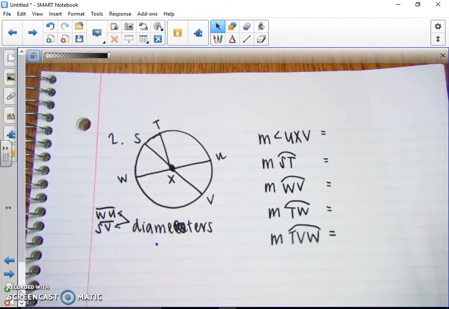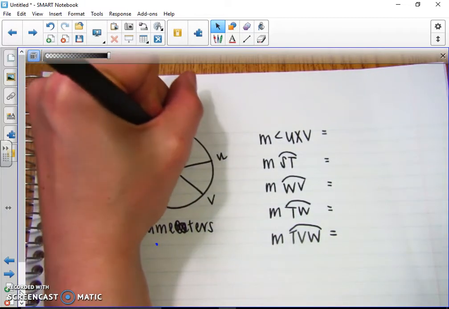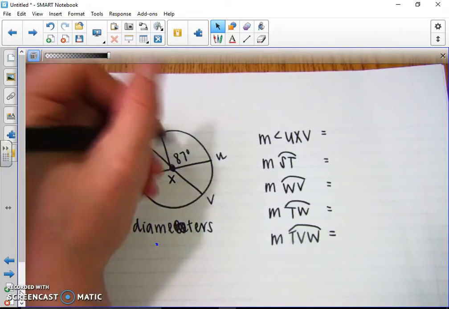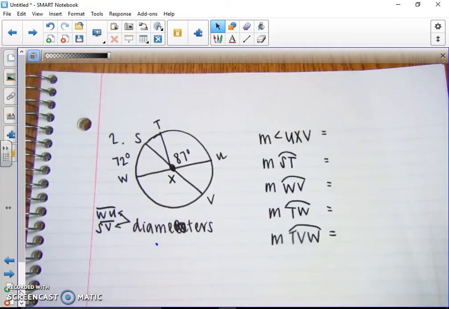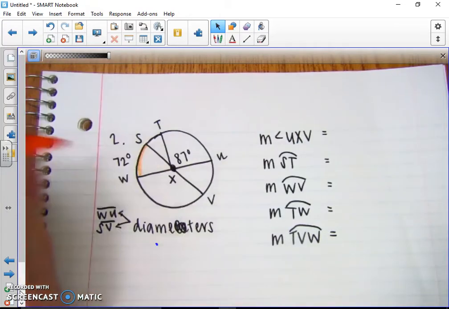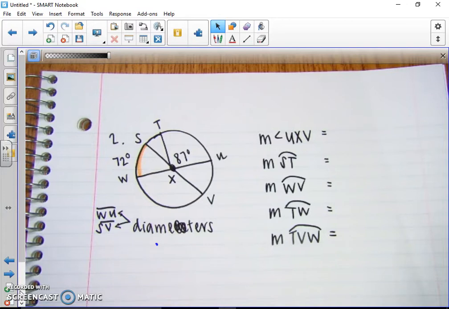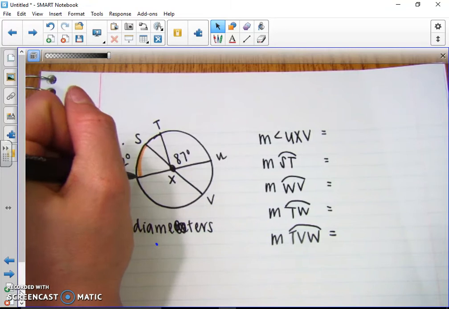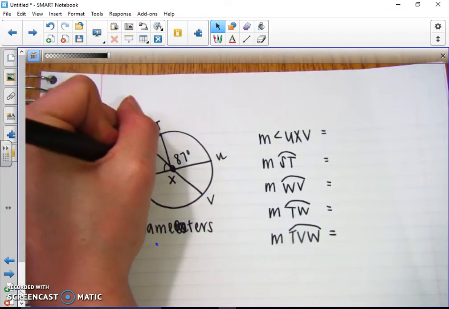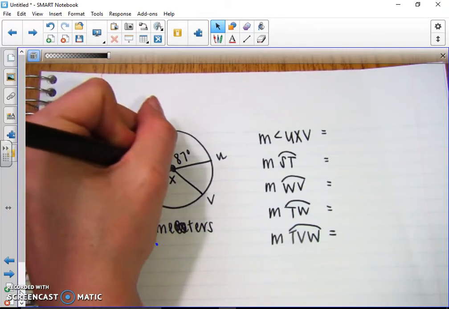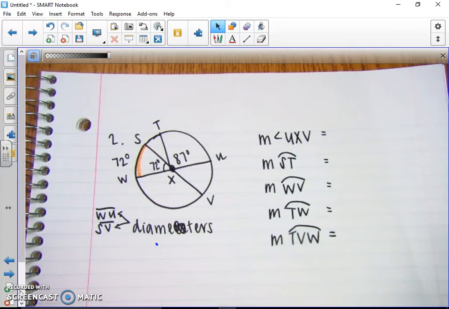All right, so let's look at what they've given us. So they're going to tell us that this is 87 degrees, and this is 72 degrees. So they're talking about SW is 72 degrees. Okay. So first thing, before I even look at what I'm trying to find, think about what we know. If SW arc measure is 72 degrees, that means that this angle right here is 72 degrees because SXW is an inscribed angle.